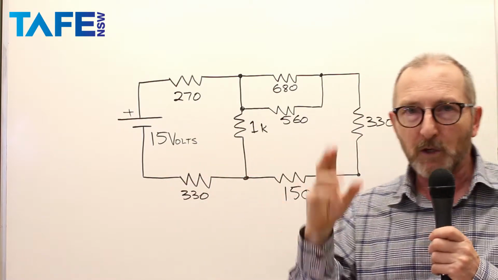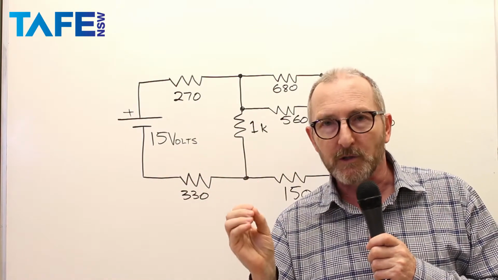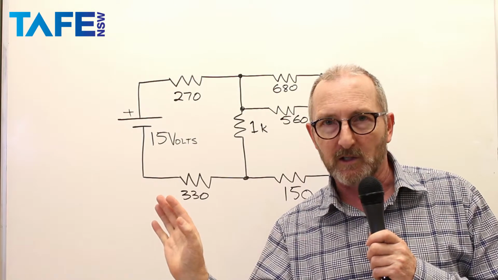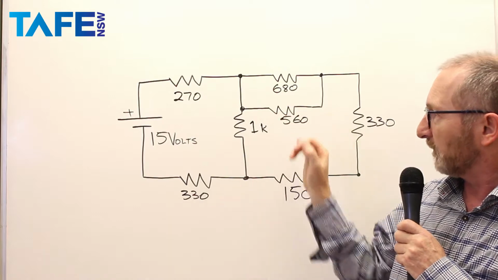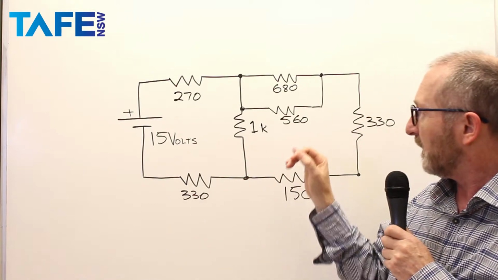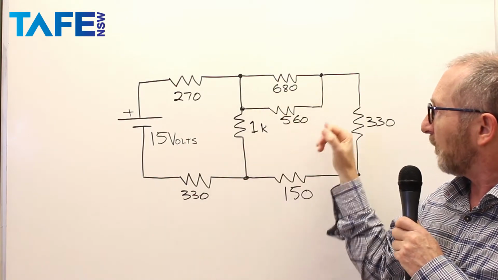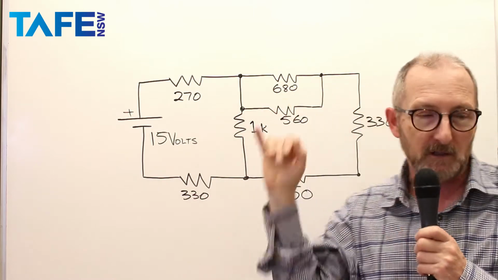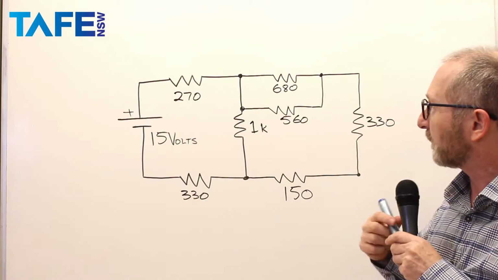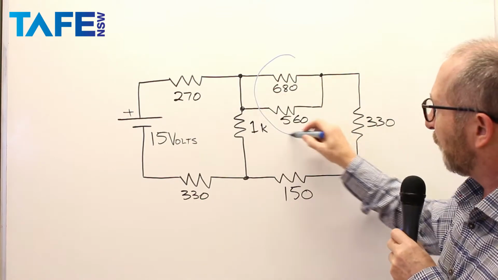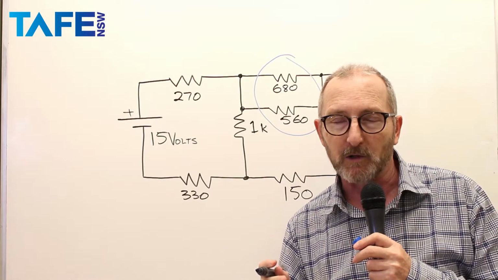Because we're up to parallel circuits, we've done series circuits to death, we first of all look at this and identify that we have one glaring parallel circuit in front of us. To solve that, we've learned 4 different ways to solve a parallel circuit.